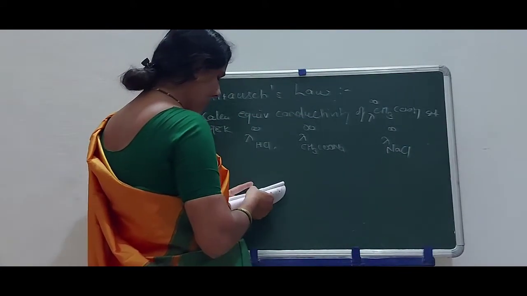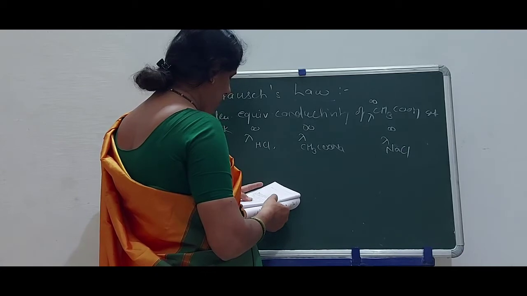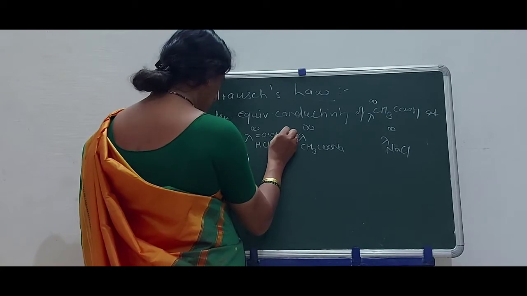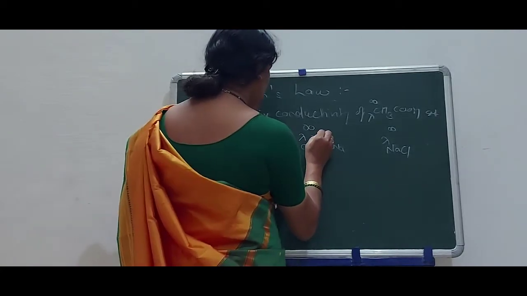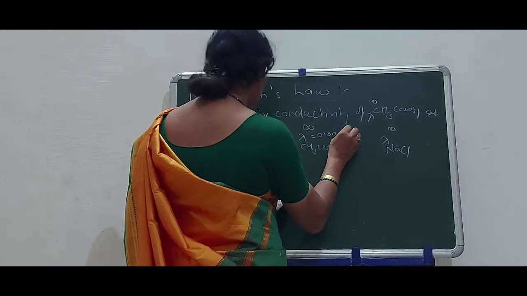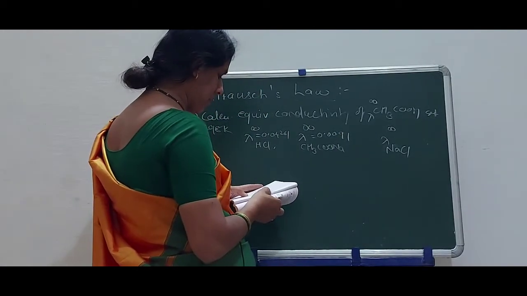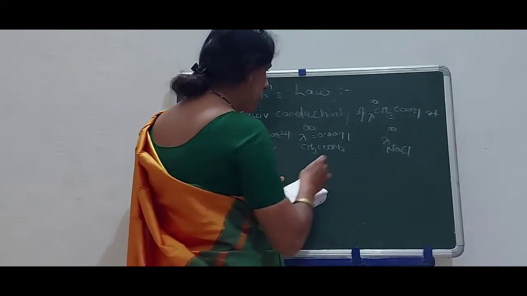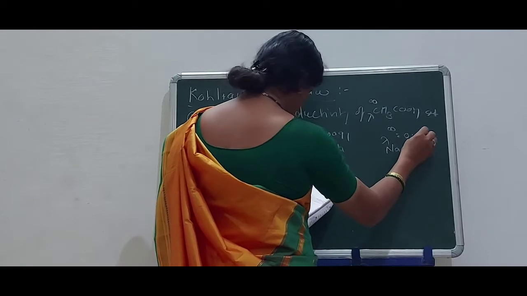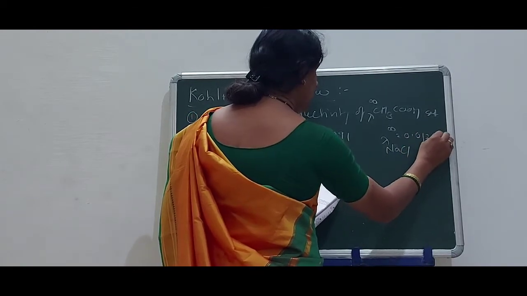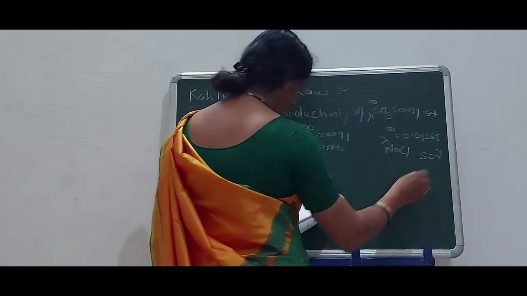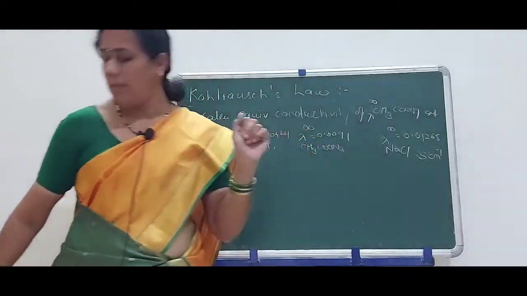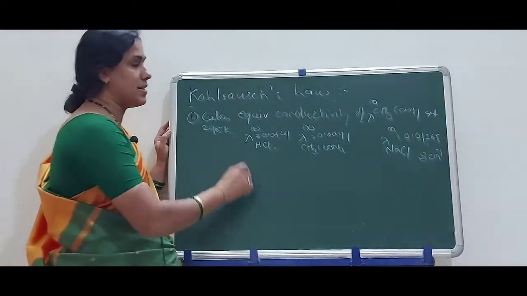The values are 0.04261, 0.0091, and the third value is 0.01265 Siemens centimeter inverse. We have to calculate the equivalent or molar conductivity of acetic acid.